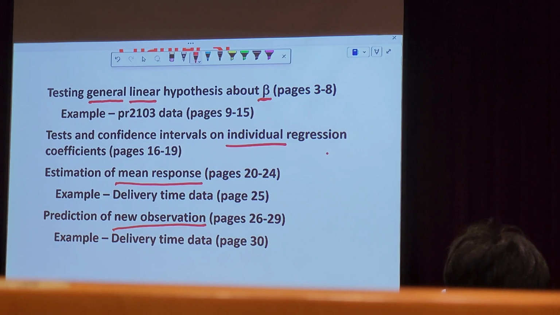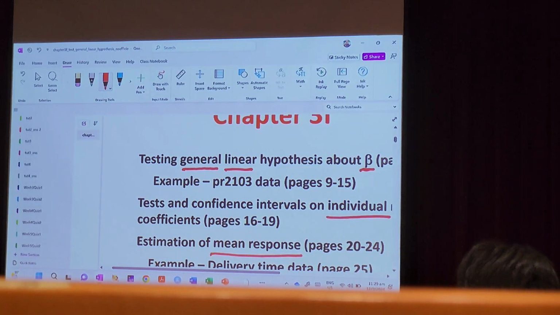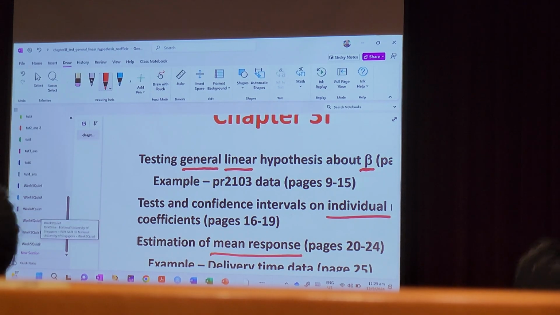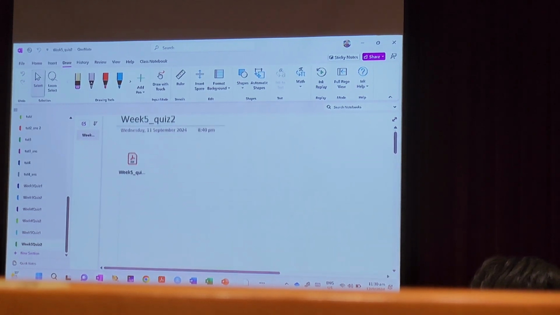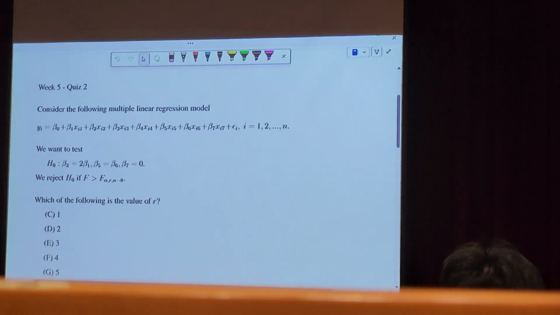What you need is the question. Today's quiz is based on today's lecture, as usual. So I hope you have paid attention today. Let me just, okay. I think that's fine. So once you are done, you can get up and go.